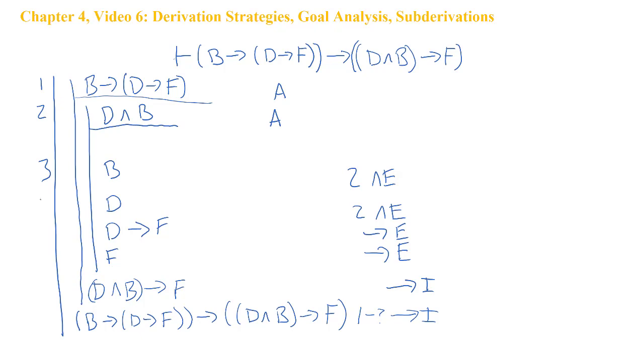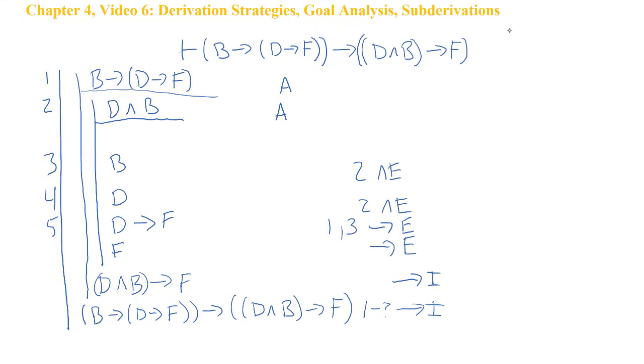We can call D line 4, which also comes from 2 by conjunction elimination. D arrow F will be line 5, and I get that from 1 and 3 arrow elimination. And then F is going to come from 4 and 5 arrow elimination.